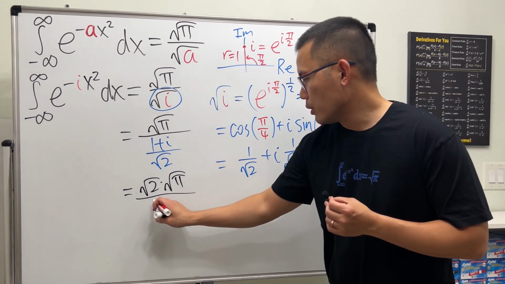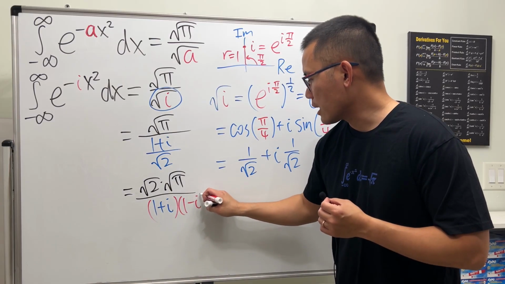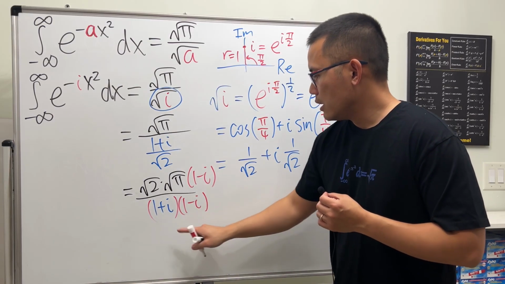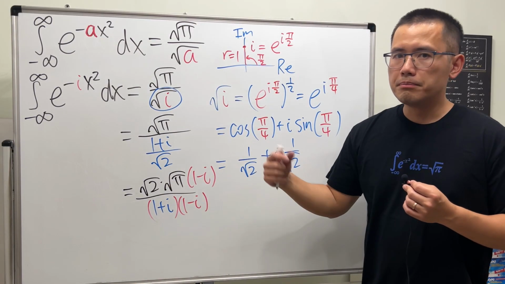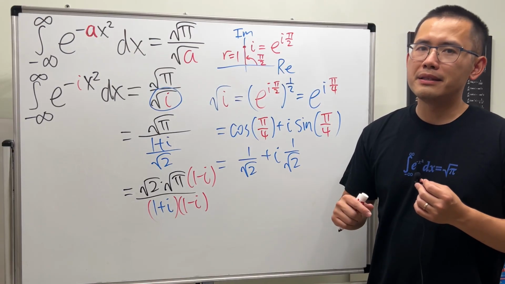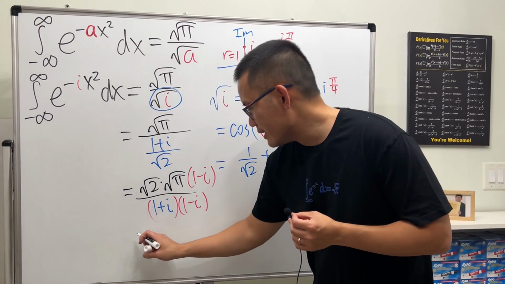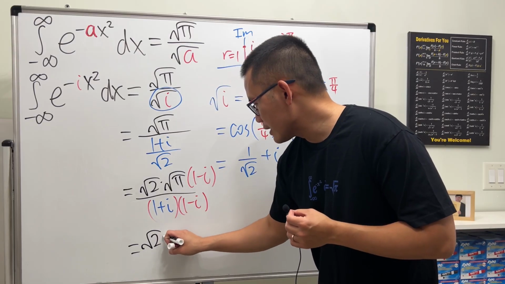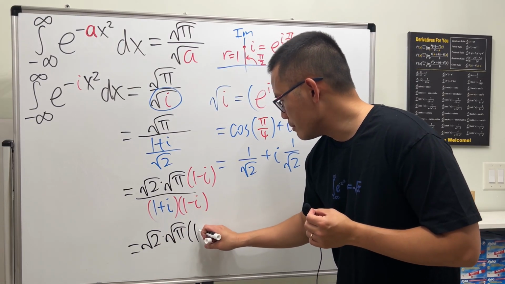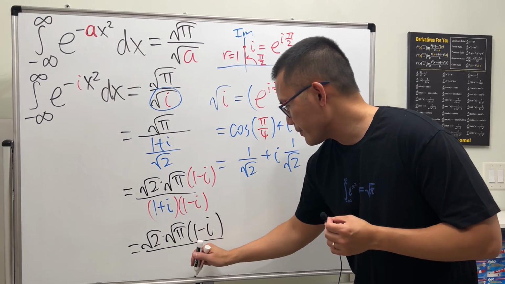Then we can multiply the bottom and the top by its conjugate. This is going to be 1 squared minus i squared, which is 1 minus negative 1, which is just a 2. So, square root of 2 times square root of pi times 1 minus i over 2.